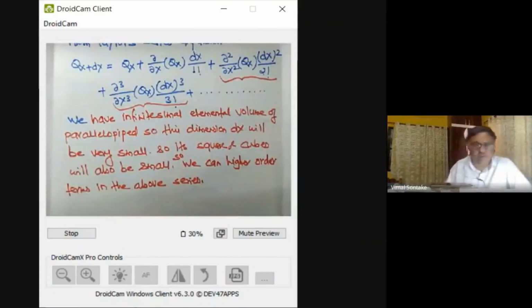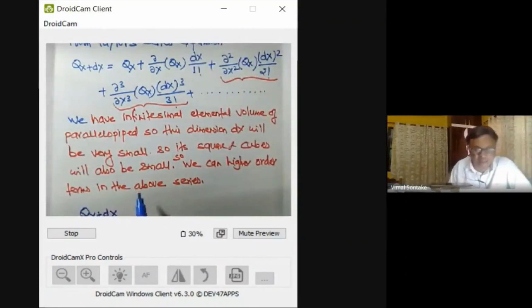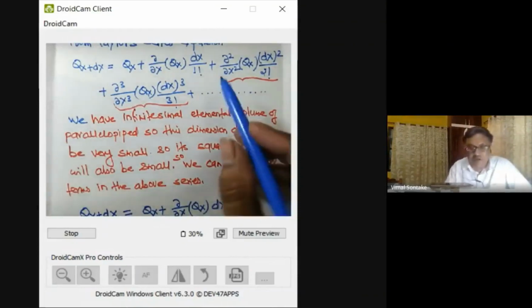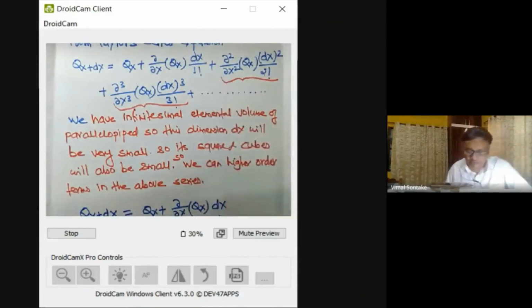So simplification of this Taylor series expansion will give me the equation: Qx plus dx is equal to Qx plus del over del x of Qx into dx, and factorial of 1 is 1. Correct?